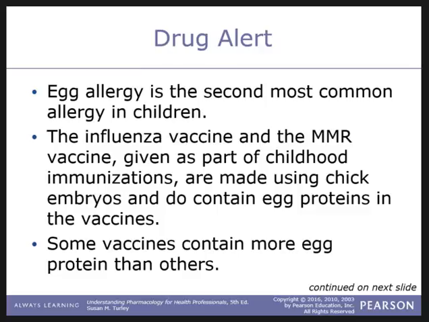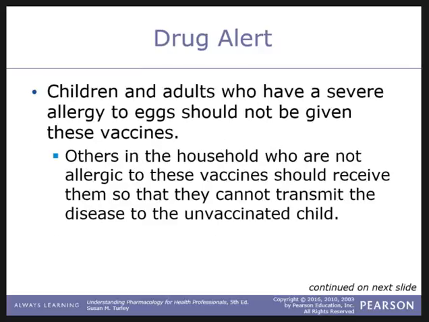When you take a patient history prior to giving a vaccine, the allergy listing is important. Some of the vaccines will contain more egg protein than others. For children and adults who have severe allergies to eggs, they shouldn't be given these vaccines.